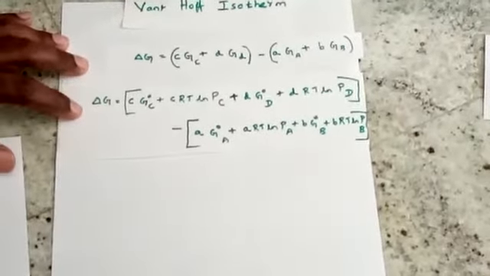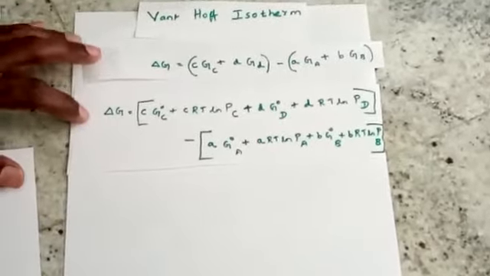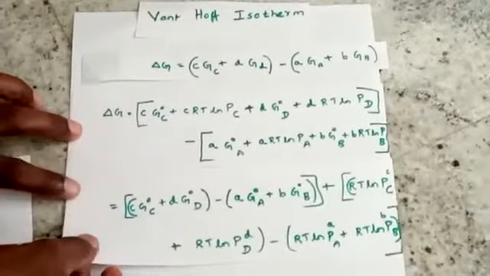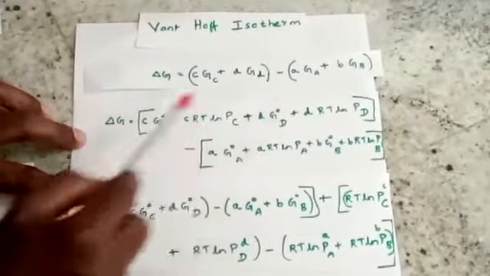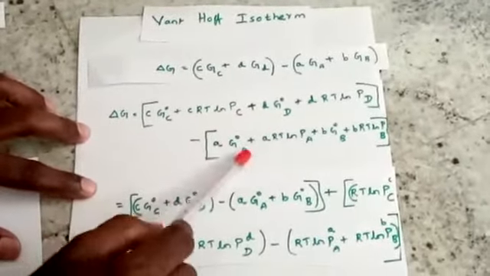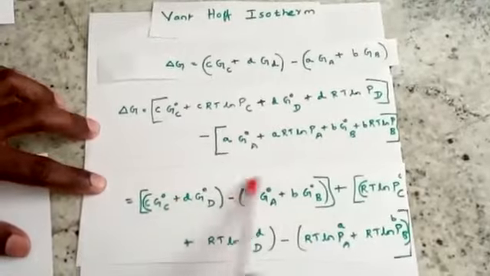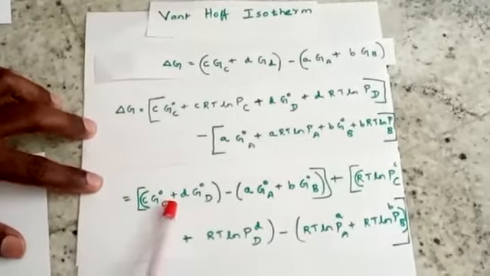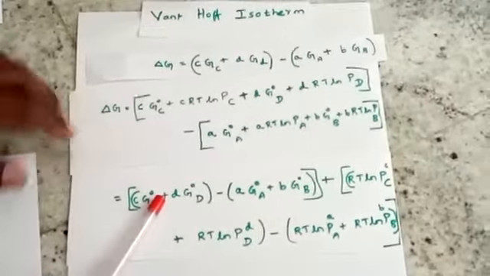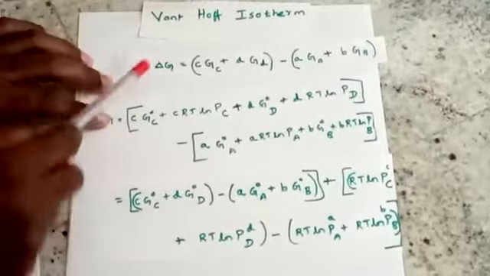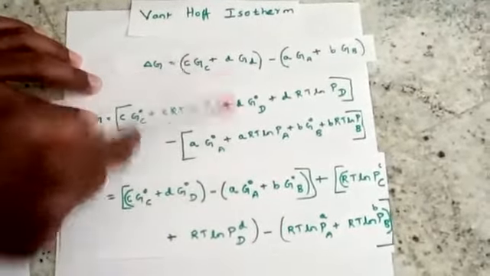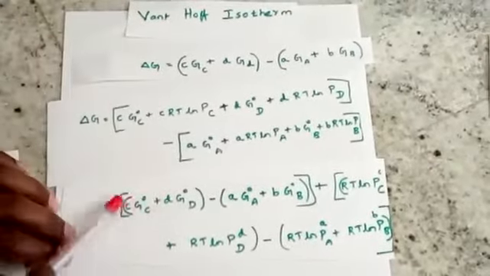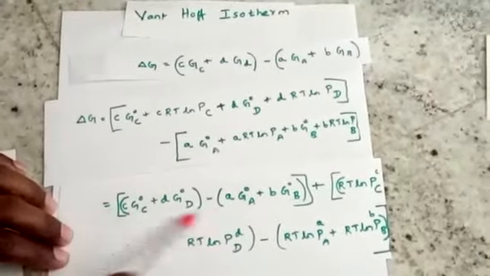Now we are going to rearrange and simplify the above equations. These terms are common: c G naught C plus d G naught D minus a G naught A plus b G naught B. This expression is termed as delta G naught.